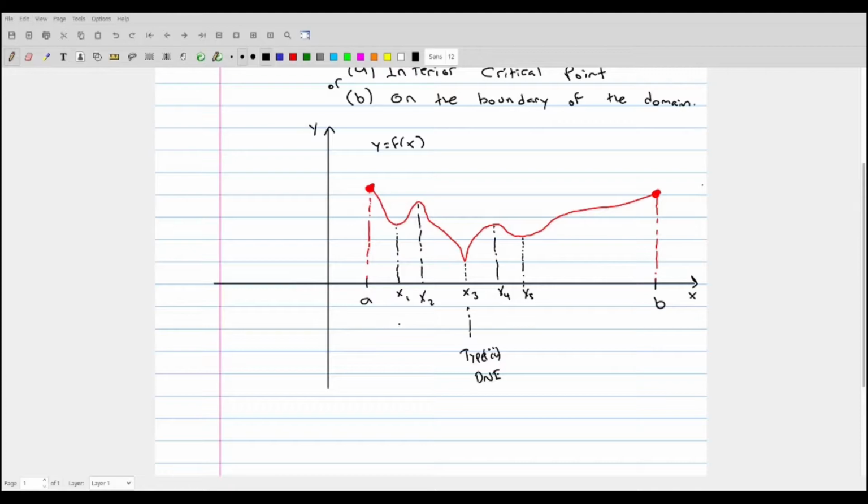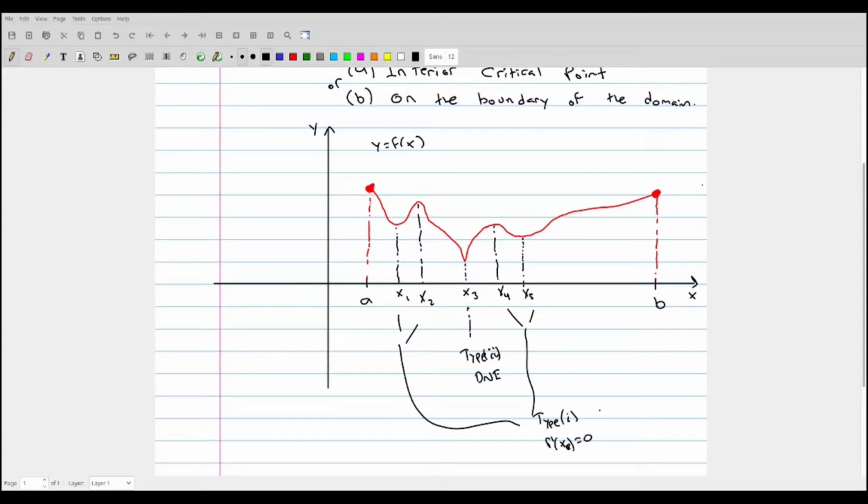And the other critical points, x1, x2, x4, and x5, are all critical points of type 1. Where the derivative at the point is equal to 0. Or the instantaneous rate of change at the point is equal to 0.